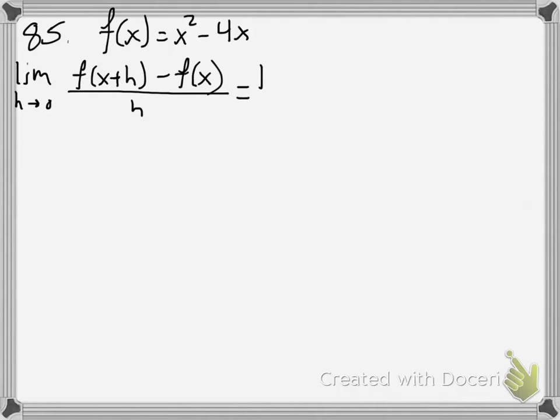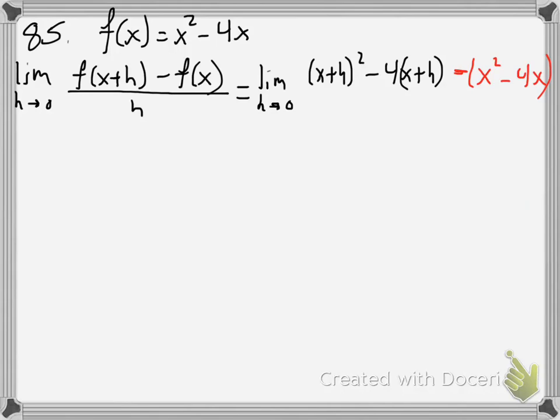We replace the first part, anything with an x, with x plus h: x plus h squared minus 4 times x plus h in parentheses, and then for emphasis we'll do it in red, minus the original function, all over h. Now if I directly substitute 0 in again, I'm going to get 0 over 0. That's an indeterminate form, so I'm going to have to do some sort of algebra.